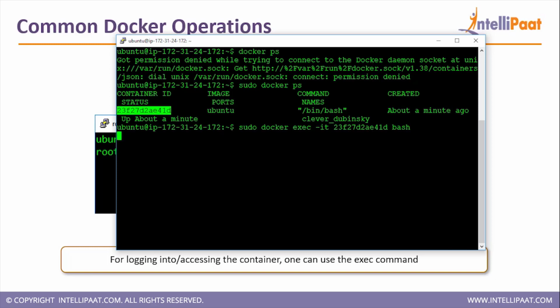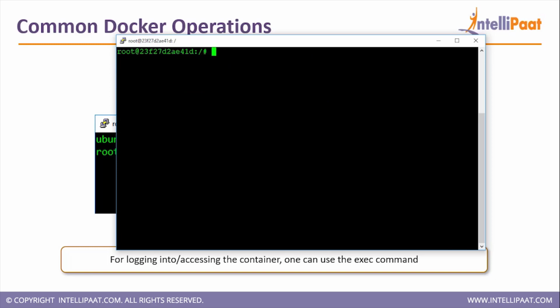I'll hit enter. Let me clear the screen. Can you see that you are now inside the container? This is the container ID, and this is the user of the container. We are basically acting as root inside the container.